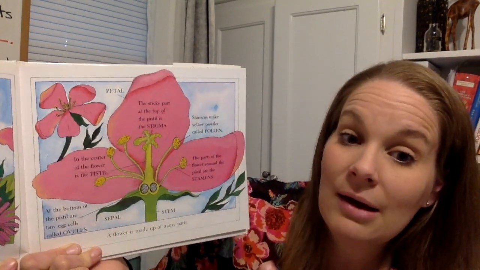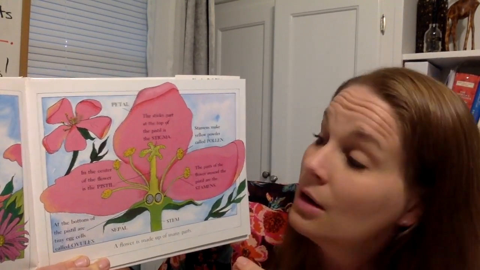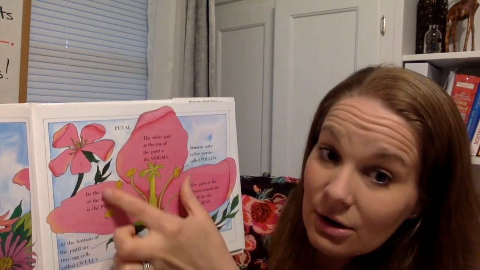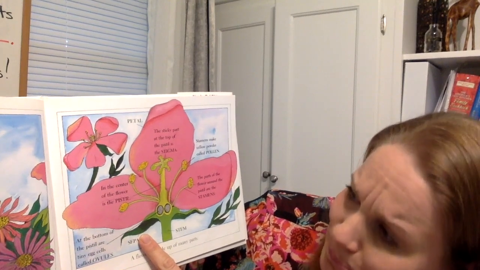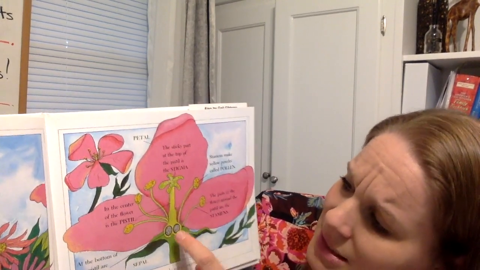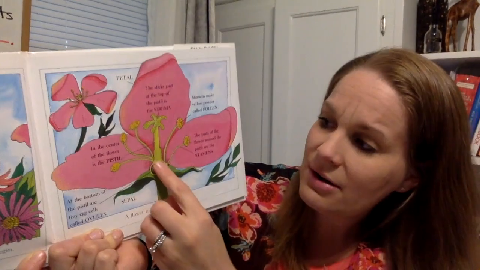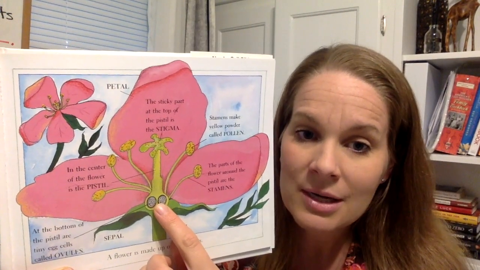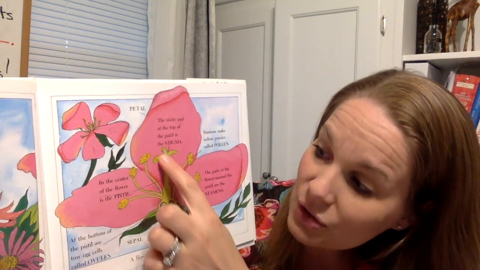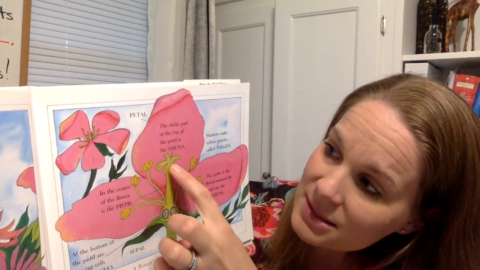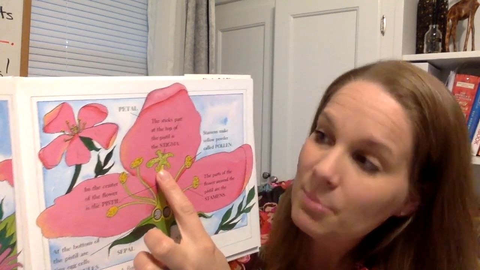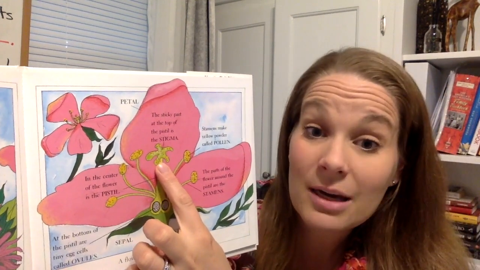When we're talking about the smaller parts of a flower, we're talking about these parts here on the inside. So let me take a second to describe all of them. In the very center of the flower is the pistil. So this whole part here we call the pistil. The sticky part at the top of the pistil we call the stigma.